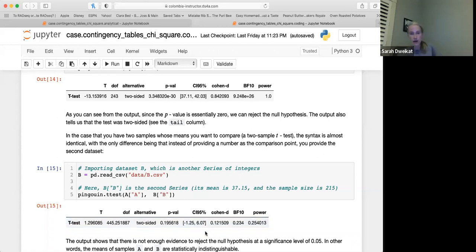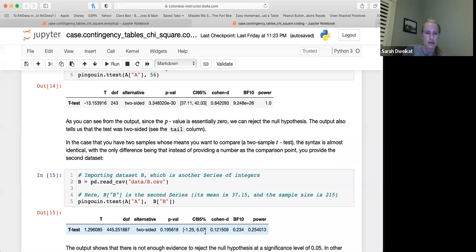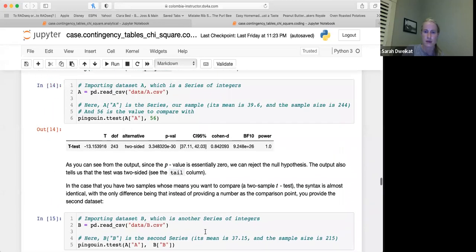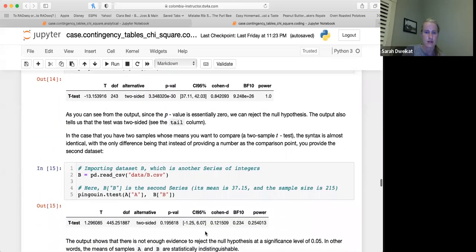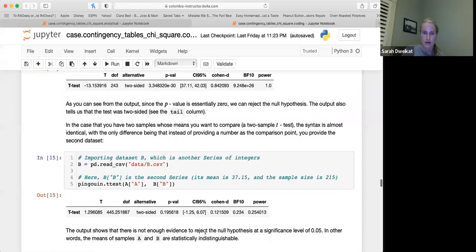Not 100% sure what happened with this confidence interval. That doesn't make sense. Okay, I'm wondering if this printed confidence interval is for the difference between the means, maybe?